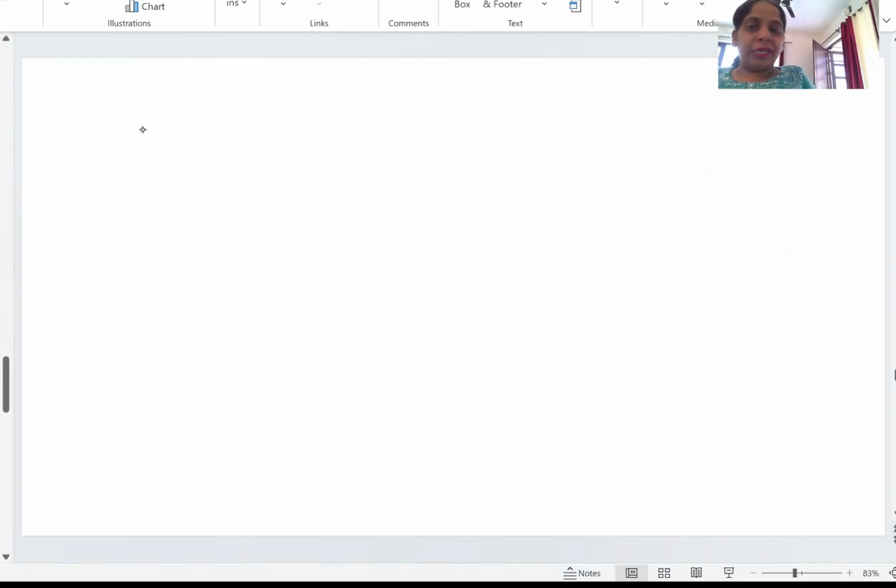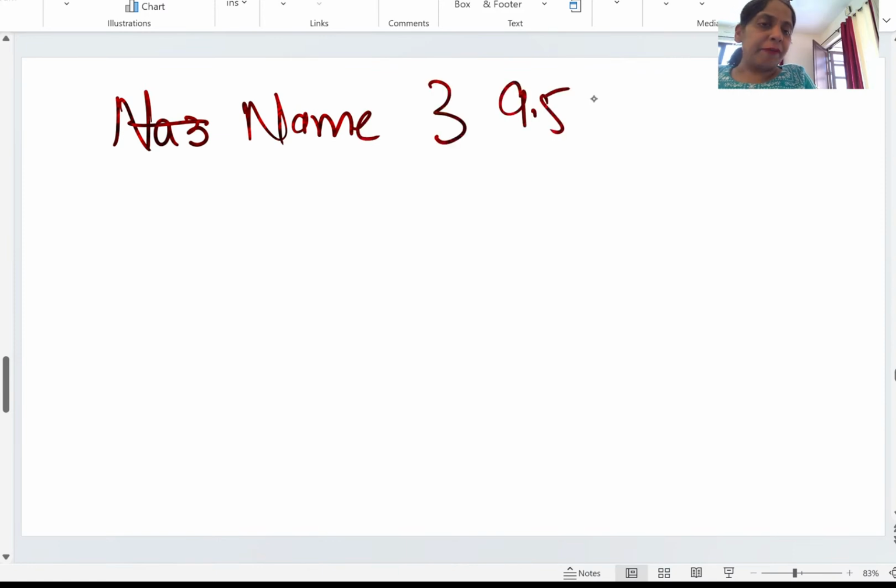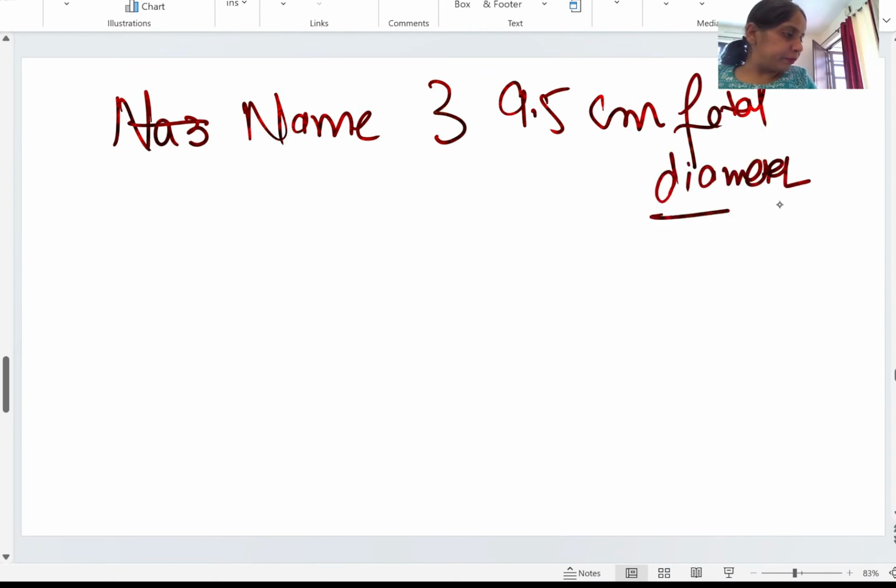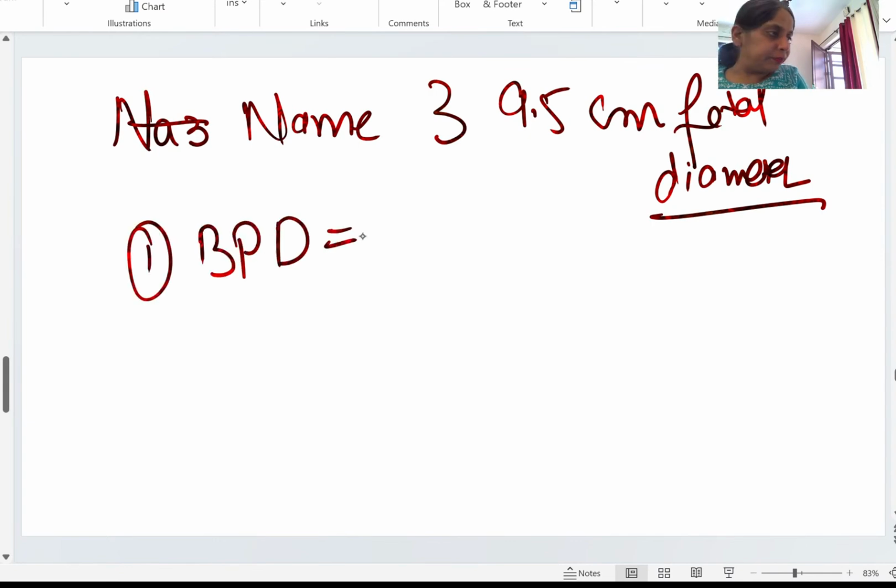So name three 9.5 centimeter fetal diameters. One is the biparietal diameter, which is the transverse diameter.